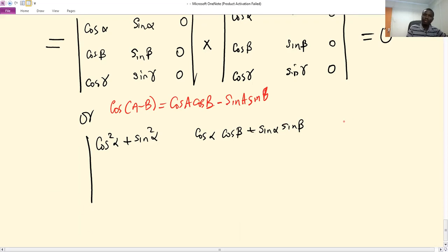And this other one would be cos alpha cos gamma plus sine alpha sine gamma.